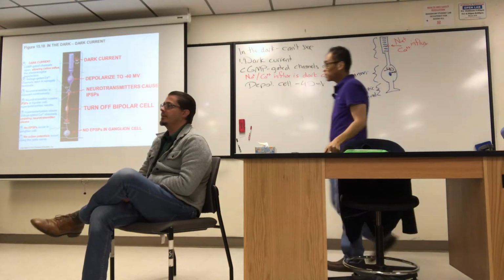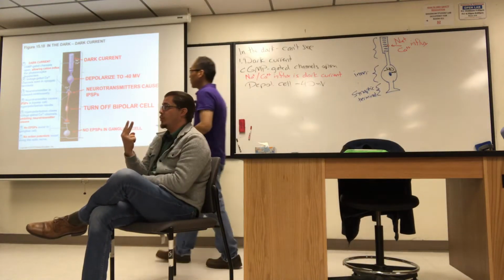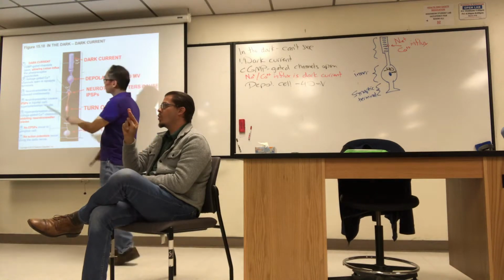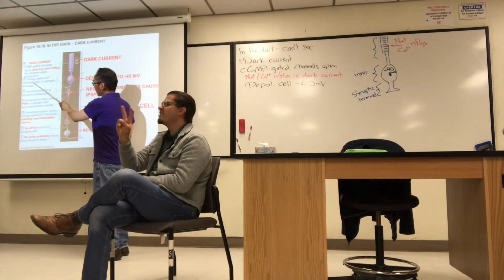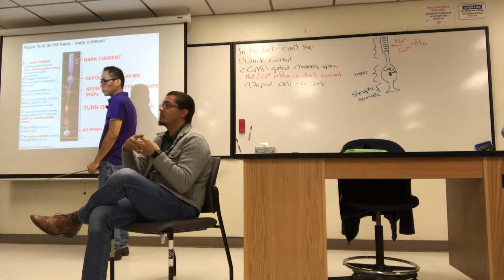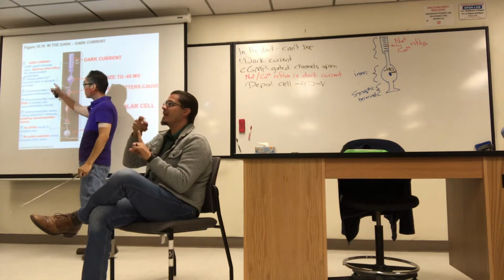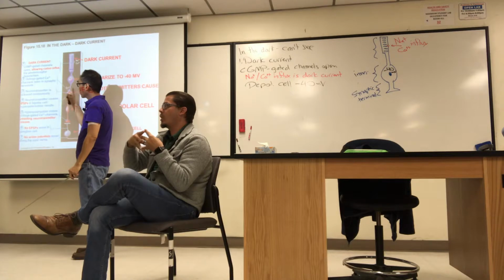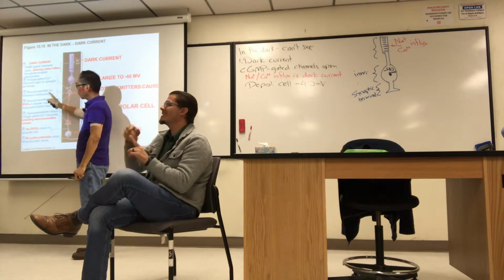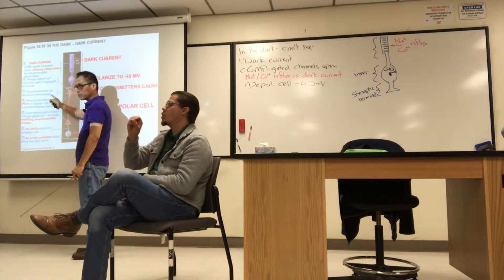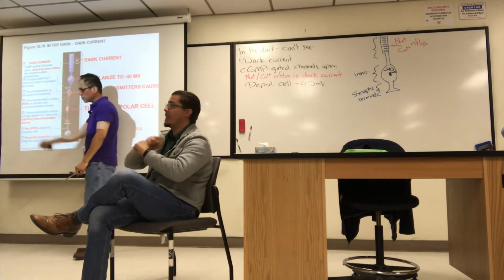Okay, step 2. Voltage gated calcium channels open in the synaptic terminal. When you open calcium channels in the synaptic terminal, that's a trigger for the neurotransmitter to be continuously released. So that's 2 and 3.